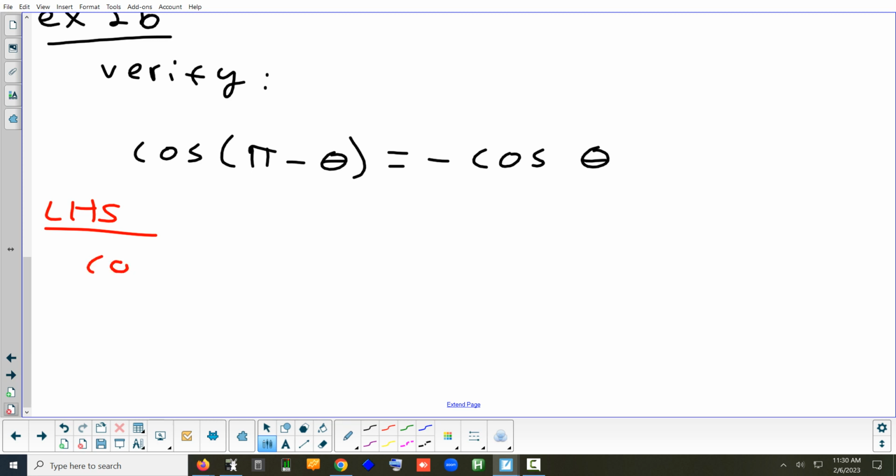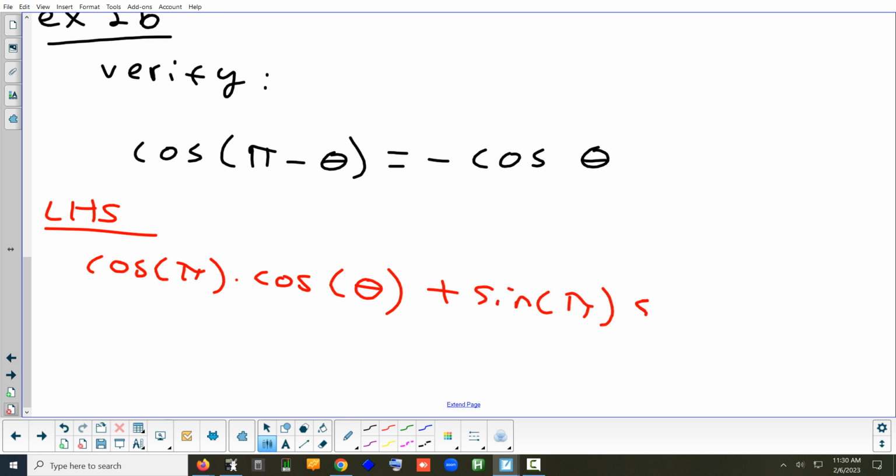Cosine pi times cosine theta, plus sine pi times sine theta. Okay, so that's just the left-hand side.